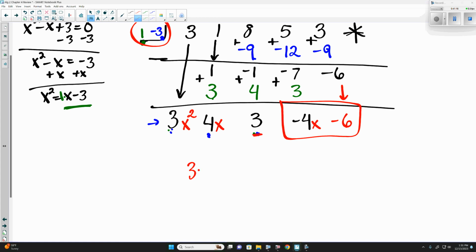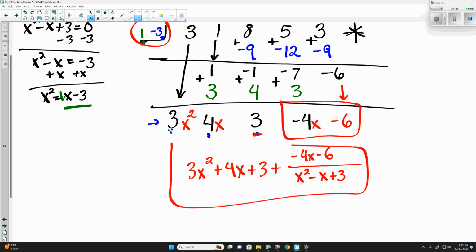So our final answer is 3x squared plus 4x plus 3 plus negative 4x minus 6 over x minus 3, because we put it over what we're dividing by.